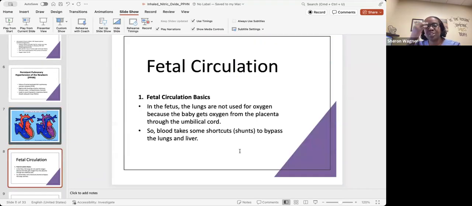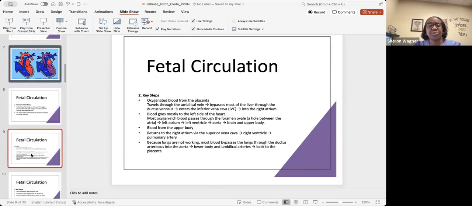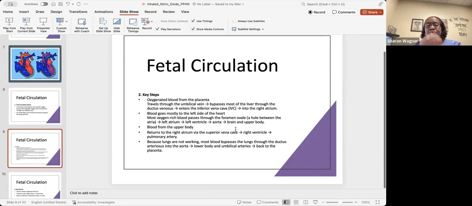So in the fetus, the lungs are not used for oxygen because the baby gets the oxygen and whatever else it needs from the placenta through the umbilical cord. So blood takes some shortcuts to bypass the liver and the lungs in utero. The key steps here are that oxygenated blood from the placenta travels through the umbilical vein and bypasses most of the liver through the ductus venosus.